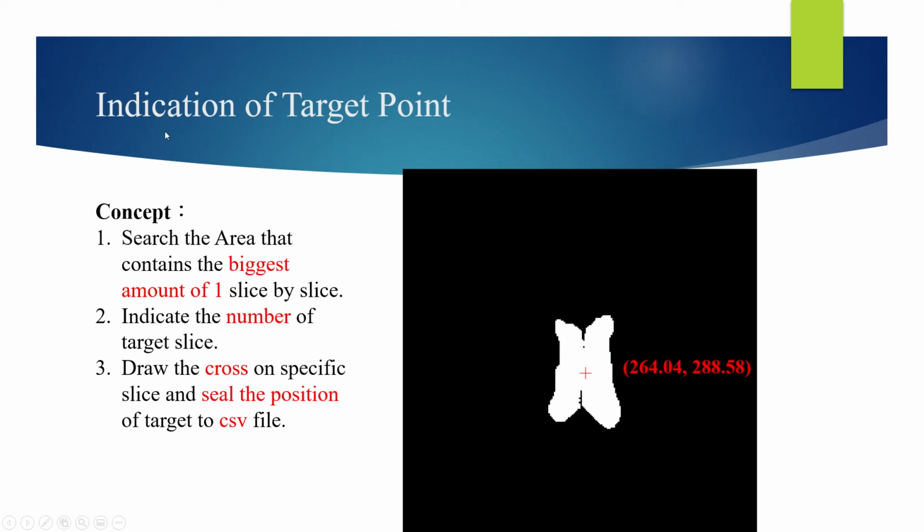Talking about the indication of the target point, the basic concept is to search for the area that contains the biggest amount of ones, which is the white part of this diagram, slice by slice.